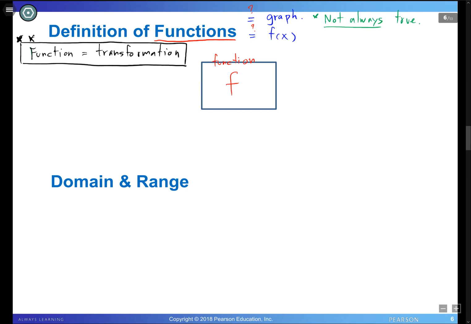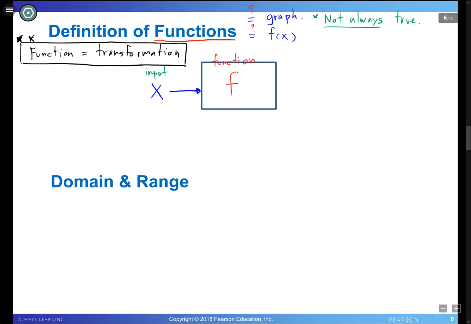And now I'm going to perform the transformation. In order to change something into something else, I need something to begin with. So I'm going to start with the input of this transformation. So what about I start with x? Okay, x as input. And this x gets fed into this function. This function is like a factory. Alright, x gets fed here, and this is considered to be the input.